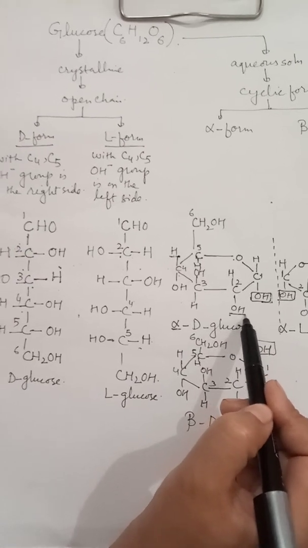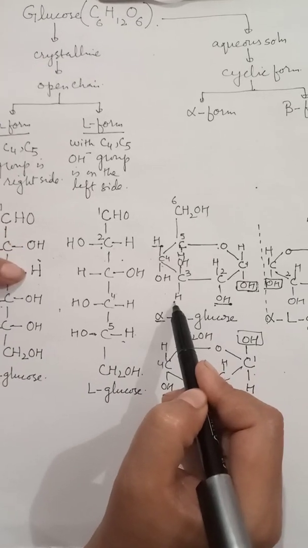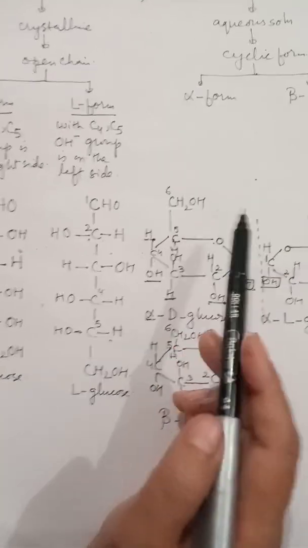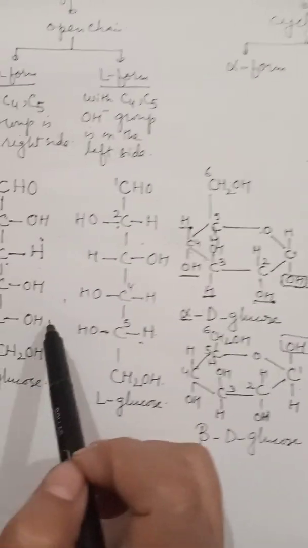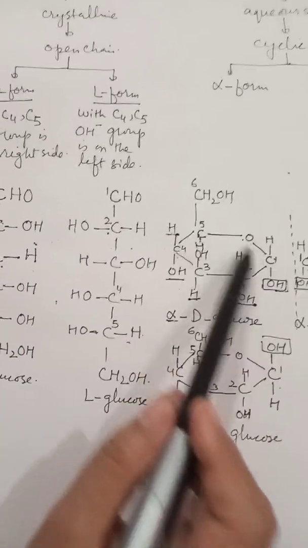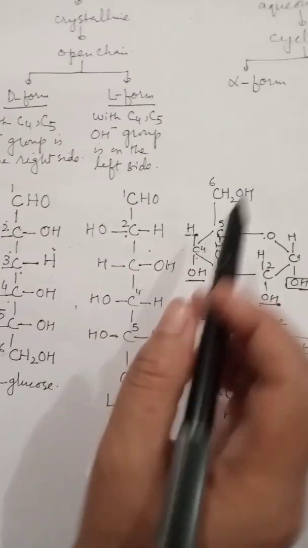This is carbon number 2 hydroxyl group, then hydrogen, and then hydroxyl group. Last one, obviously, because of the connection between carbon number 5 and 4, the arrangement will be different, and this is the last one, carbon number 6.